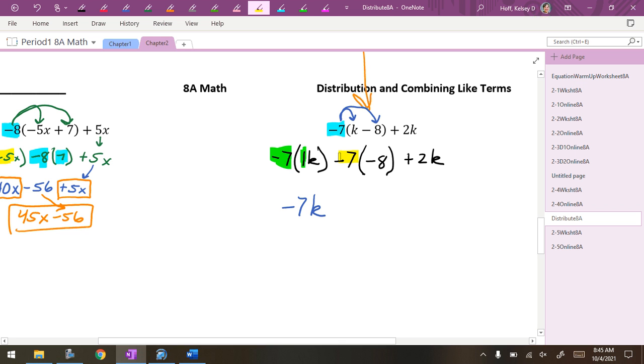Here's your next one. -7 times -8. Positive or negative? So plus 56. Then what can we not forget? That plus 2k. Plus 2k.